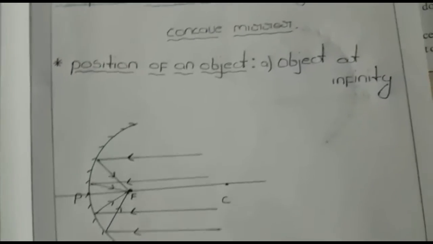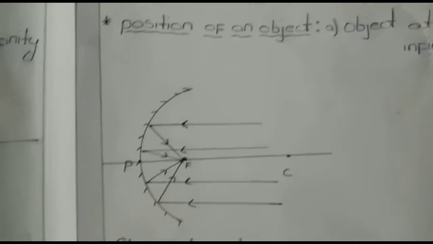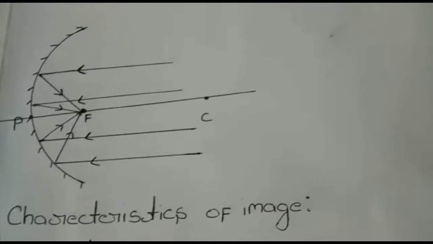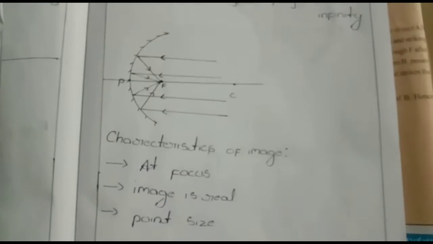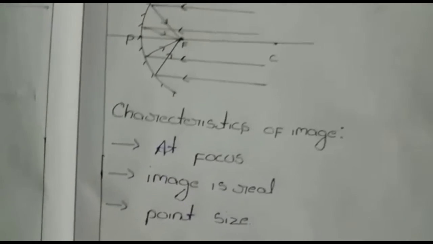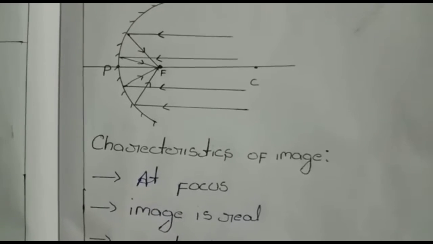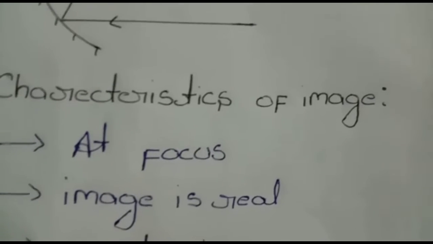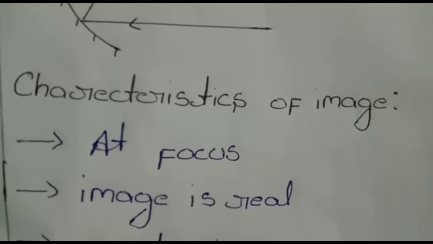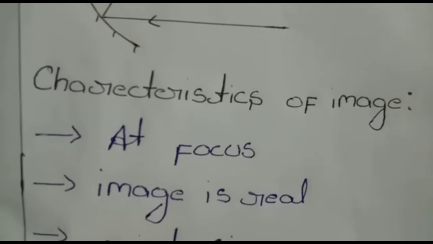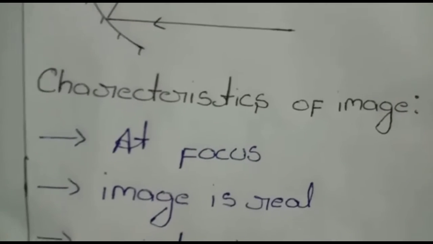After this diagram, we have to know the characteristics of this image. Friends, please write these characteristics. First, where is the image formed? The image is formed at the focus. Second, what type of image? We discussed two types of image: real and virtual.